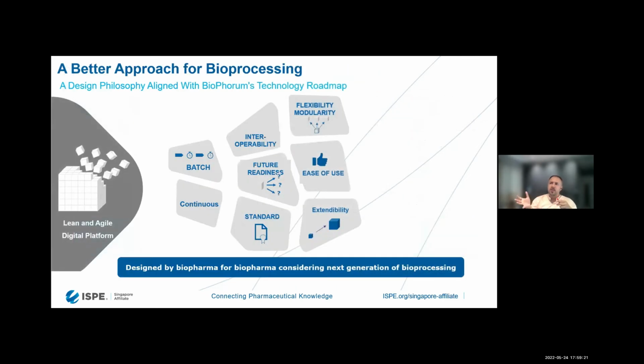So the better approach for bioprocessing is, again, coming up with a very lean and agile digital platform which supports the batches continuously, which can be interoperable, and the technical choices that you make have to be future ready.